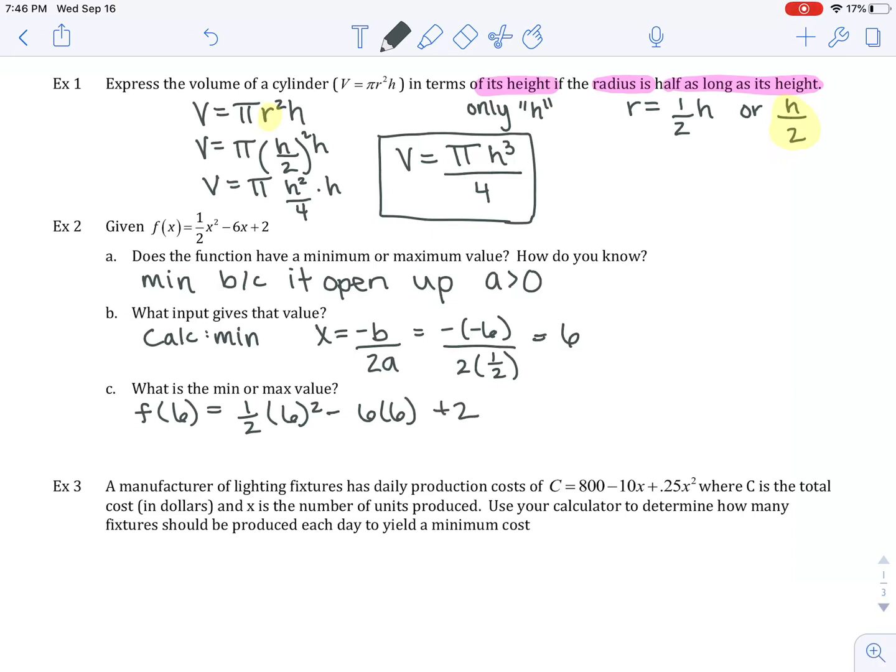So if I solved it algebraically, checked it with my calculator, you should be getting a -16. Okay, so I'm going to write that as a coordinate. And that's it. So I'm just here making sure you understand when you have a min and a max, and understanding what an input and the max value or min value stand for.